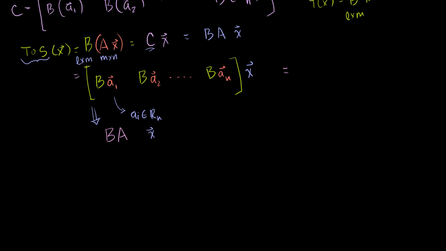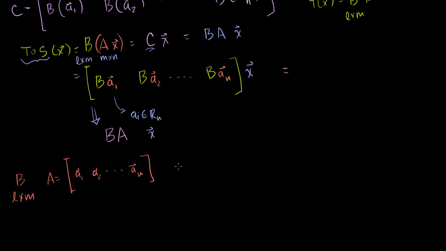Let us define. So if we have some matrix B, which is an L by M matrix, and then we have some other matrix A, and I'll actually show what A looks like, where these are its column vectors, A1, A2, all the way to AN.